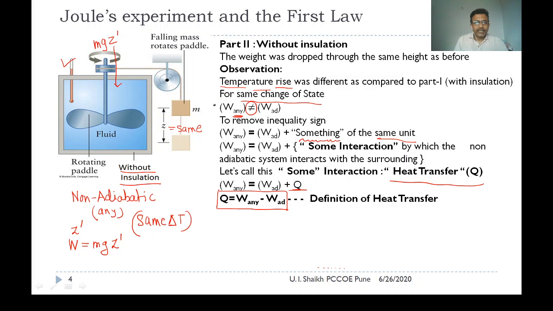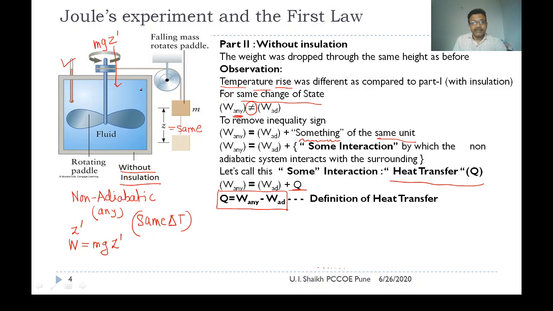But let me tell you that this temperature is just used for fixing the initial state and final state of the system. You may use a property other than temperature, like pressure or any other measurable property, to fix the initial state and final state, and you will get the same definition of heat transfer as the difference between non-adiabatic work and adiabatic work.